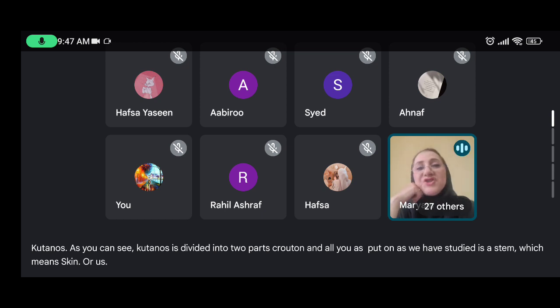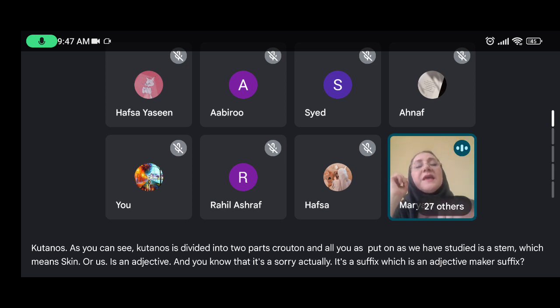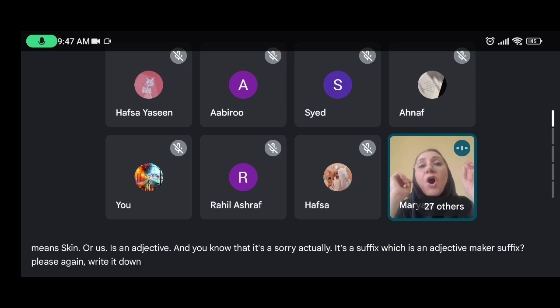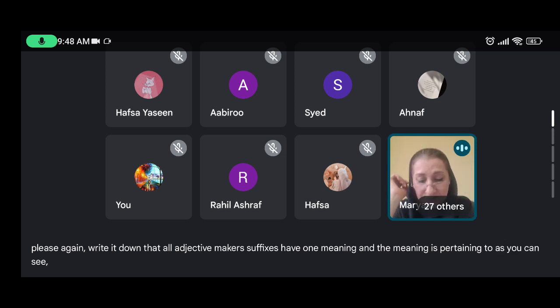Ous is an adjective, and you know that it's a suffix, which is an adjective maker suffix. Please, again, write it down that all adjective maker suffixes have one meaning, and the meaning is pertaining to. As you can see, cutaneous means pertaining to the skin.